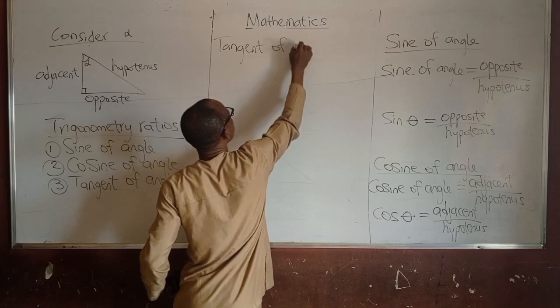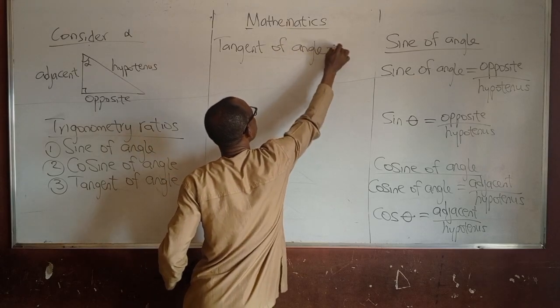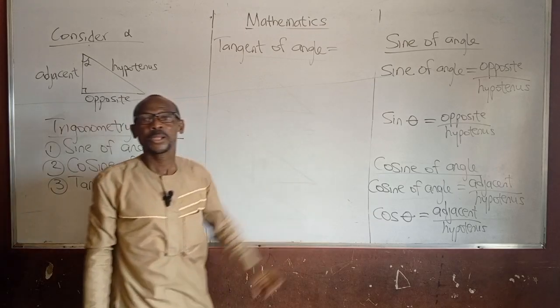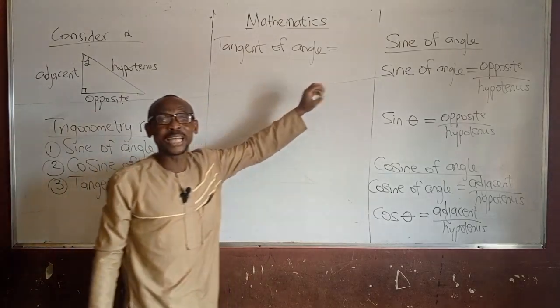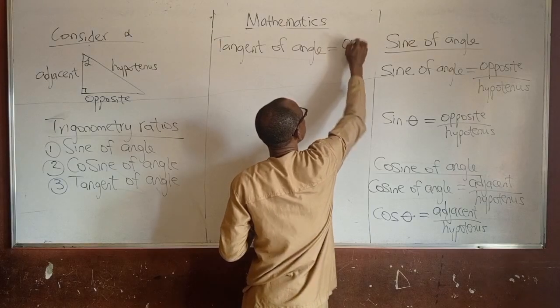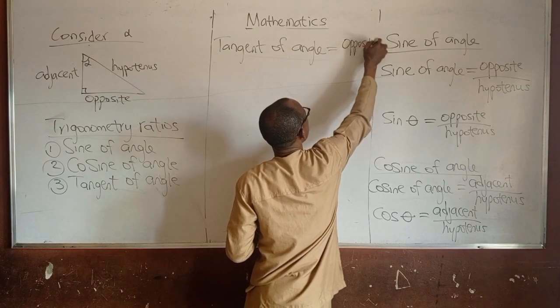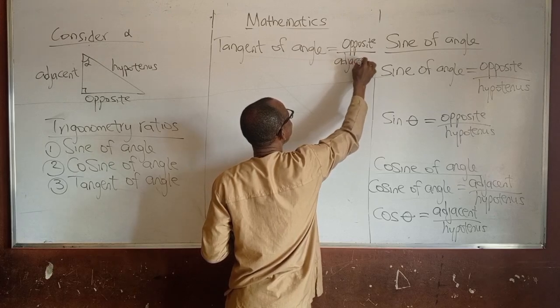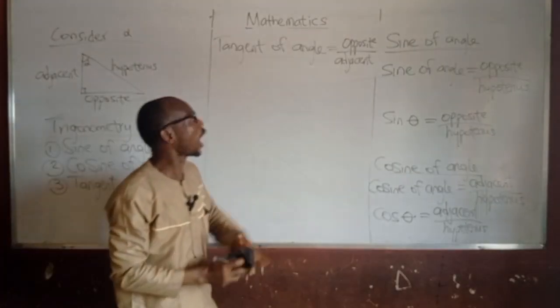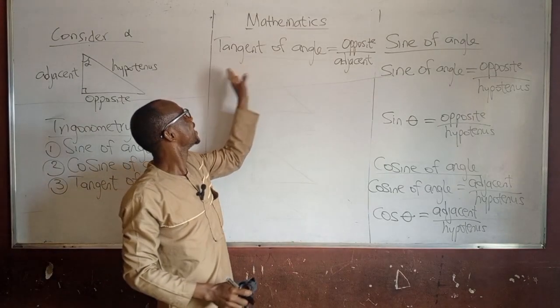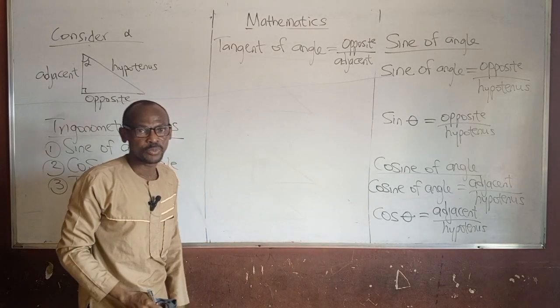Tangent of what? Angle. What is the tangent of angle? When you divide opposite divided by the adjacent, it will give you what? Tangent of angle.